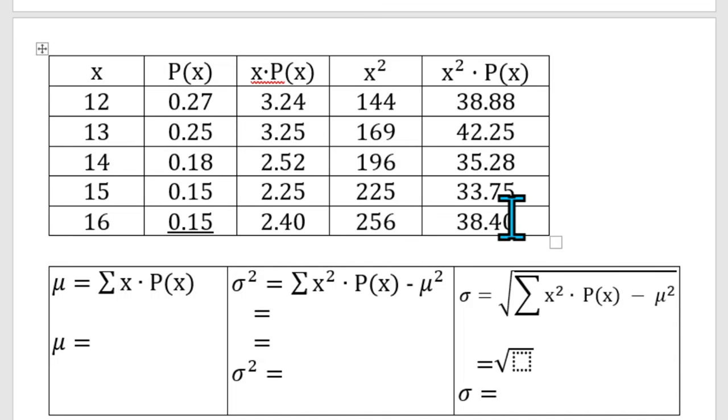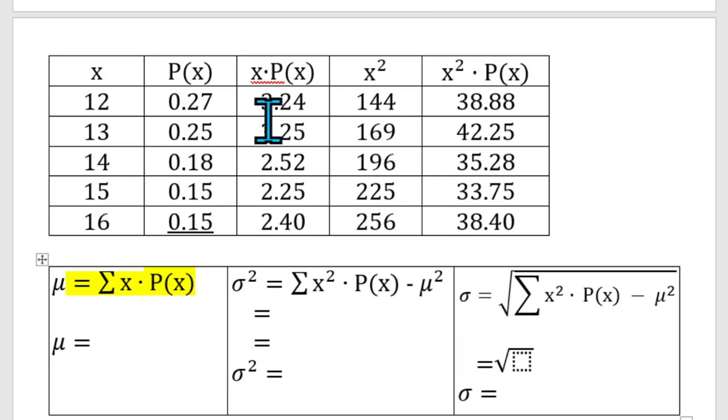Now that we have these values, we can proceed to determining the mean, the variance, and the standard deviation. Let us first have the mean. Again, the mean is denoted by the summation of the products of the possible value and its corresponding probability.